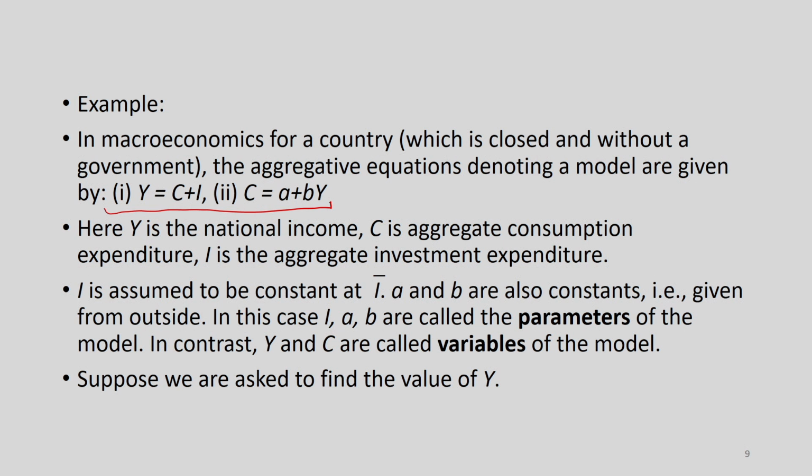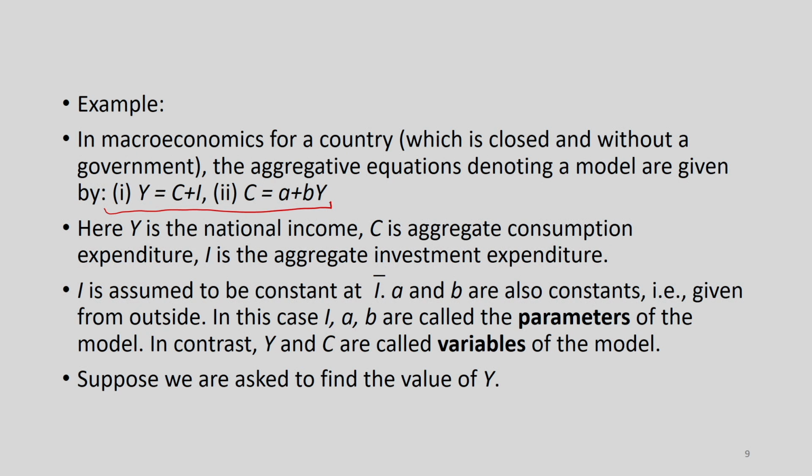Now, here I is assumed to be constant at I bar, small a and small b are also constants, that is given from outside. Constant means they are not determined by the model, they are given from outside. So, these are also called exogenous.